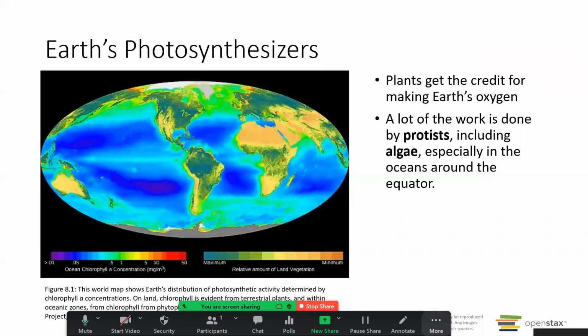So, the photosynthesizers in the earth, everybody thinks about plants, especially trees. But as you can see from this map that shows the amount of chlorophyll and photosynthetic activity in different parts of the world, some of the big chlorophyll concentrations are here at the equator in the oceans.